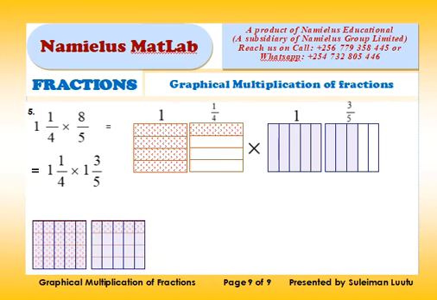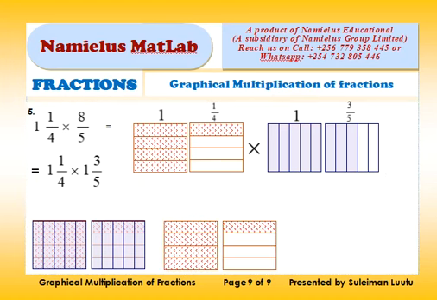Then next we are going to multiply each of these two by 3 out of 5, this one here. Let's see how we are going to do it. So let's have the 3 out of 5 multiplied by the first one, which is 1, this one here, and then the 3 out of 5 multiplied by the quarter here.